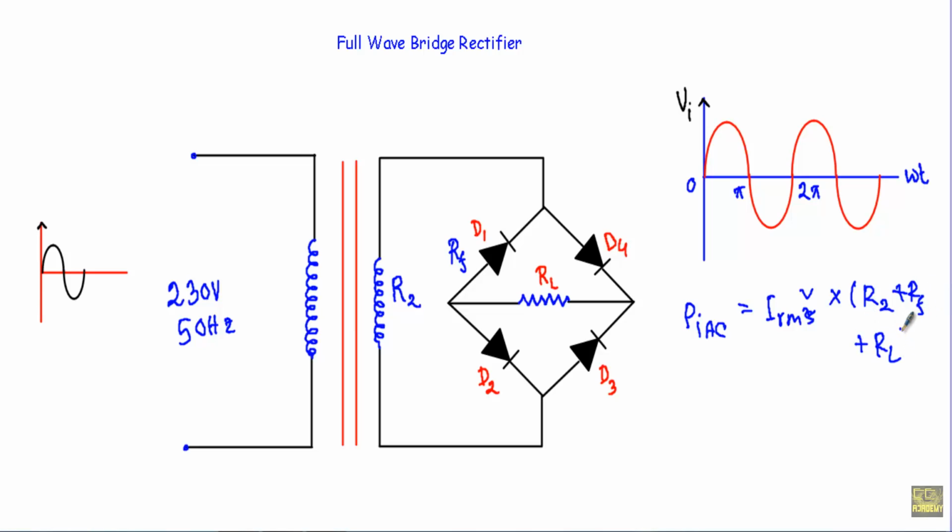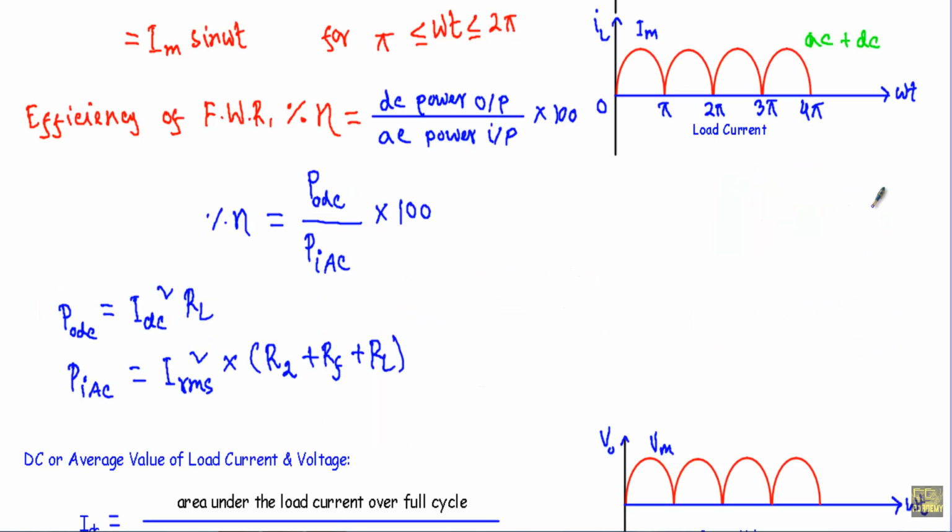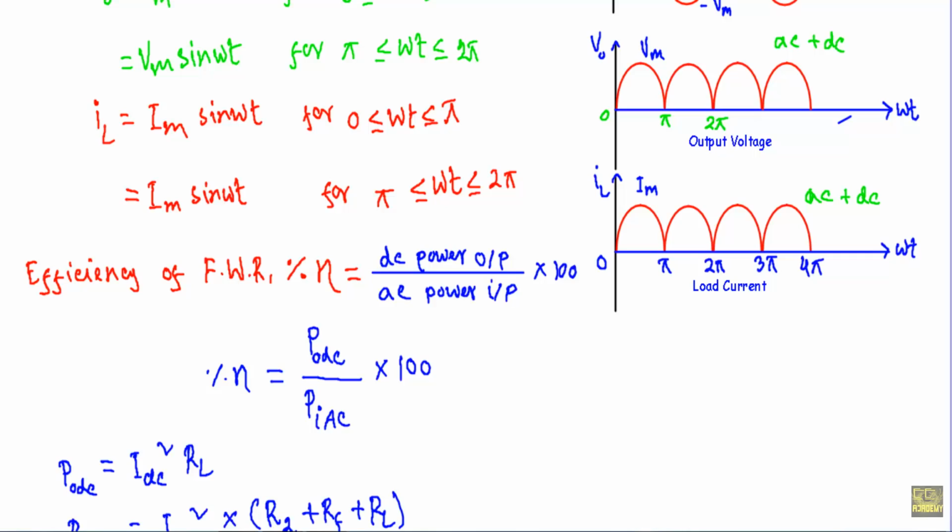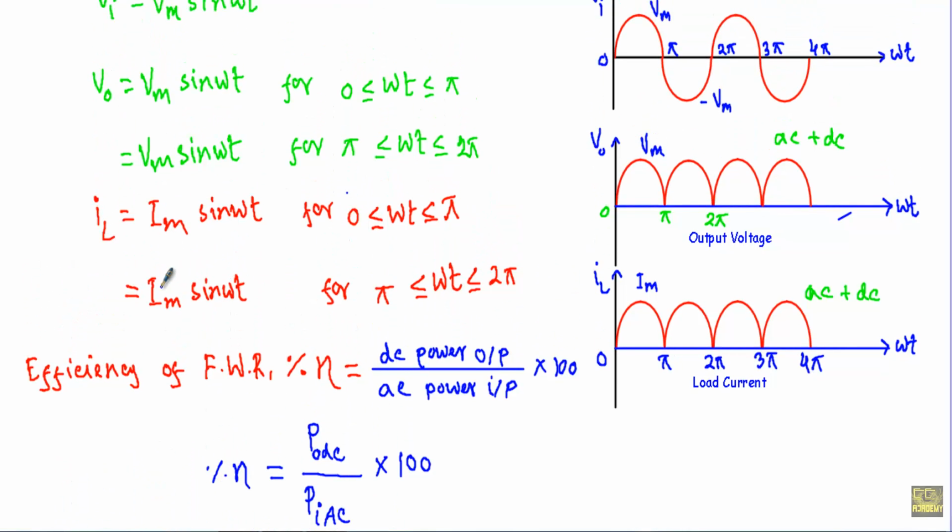Another thing is that, what will be the value of Im? What is this Im? See, Im is the maximum current at the load, and it will occur when the Vm will be at its maximum value. We calculate Im in the circuit by using this formula.